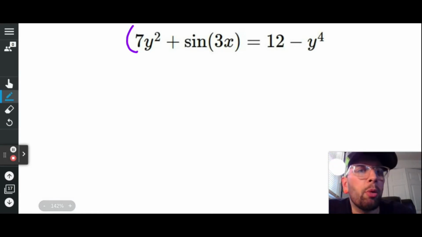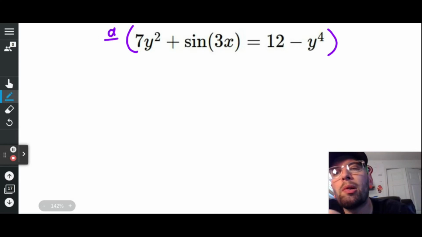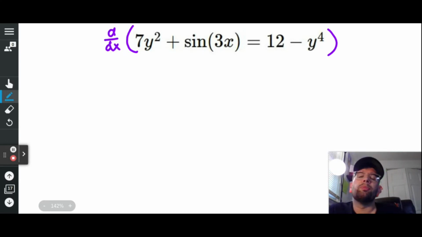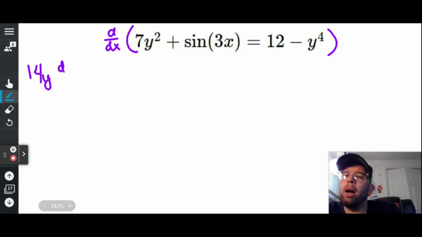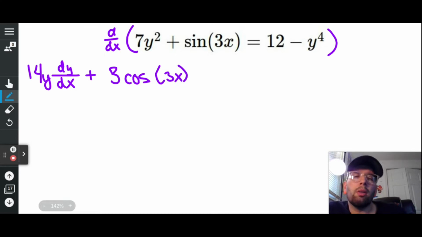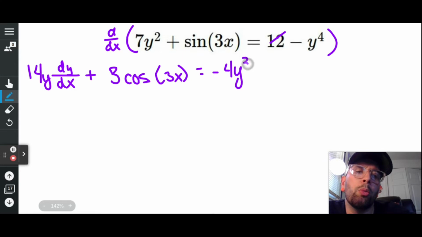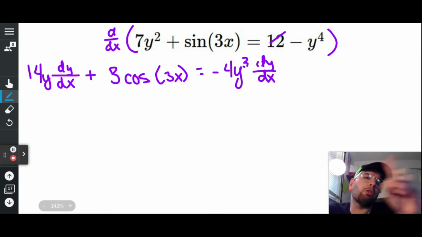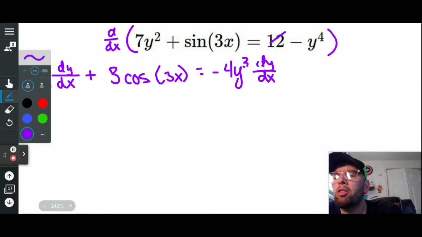So I'm going to d/dx both sides. 14y dy/dx plus 3 cos 3x, because it's chain rule, equals nothing, minus 4y cubed dy/dx. Let's do this a little different. Well, no, I'll keep it with the dy/dx on the left.